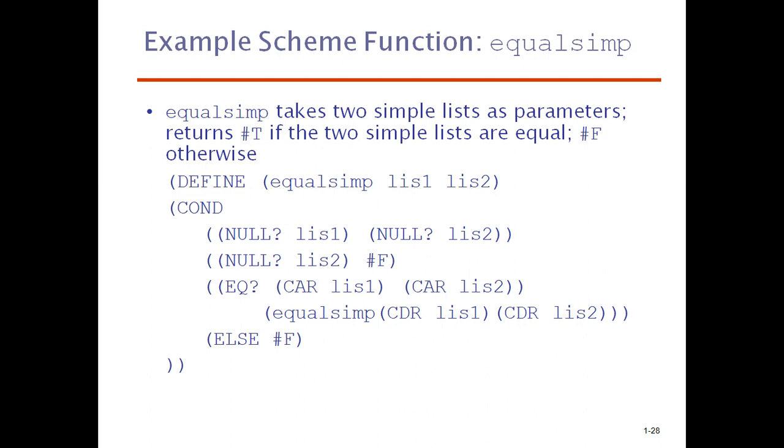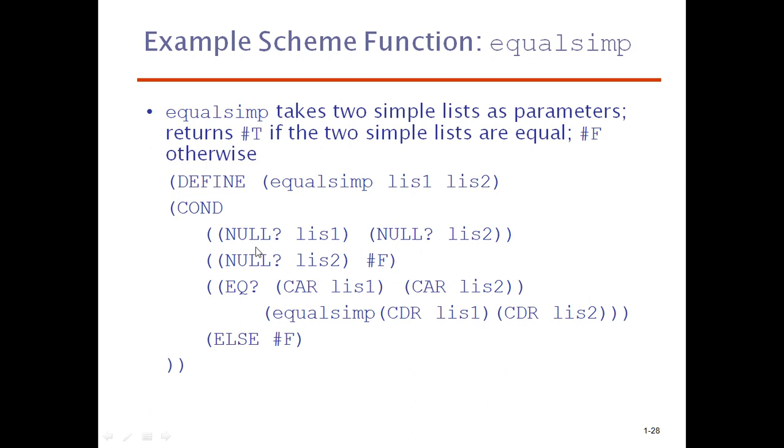As usual, define equal simple list1 list2. Now condition: you have to check whether both lists are empty or any one of the lists is empty. So null list1, then you check for null list2, and if these conditions are true, then it will return false.